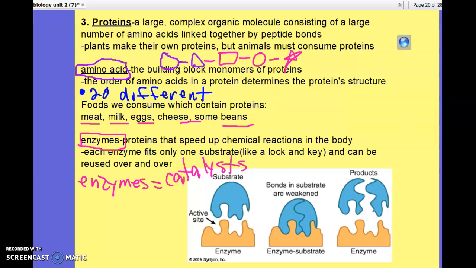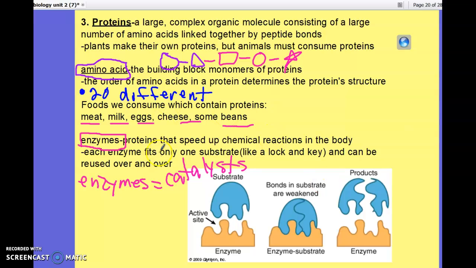All right, so these very specific proteins have a very specific shape. Each enzyme type has a job, and only one job, and it is to break down a molecule. Each enzyme is substrate specific.